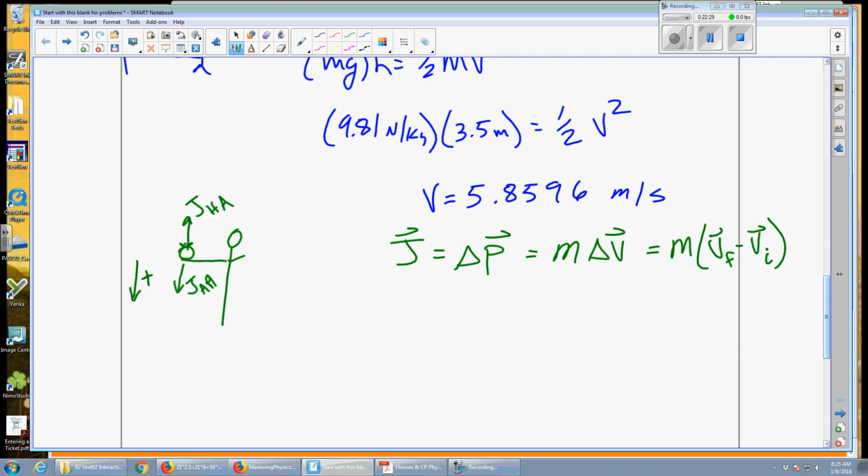So, I should probably expand off this: force times delta T, right? That's what the definition of impulse is. So now I'm just going to use my extremes here, and I'll have force times delta T equals the inertia times V final minus V initial.